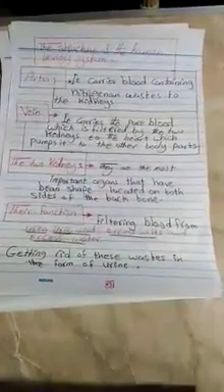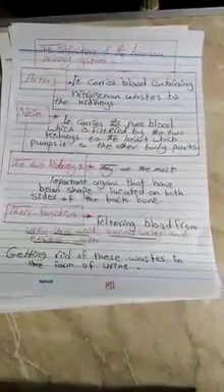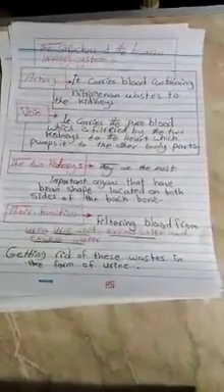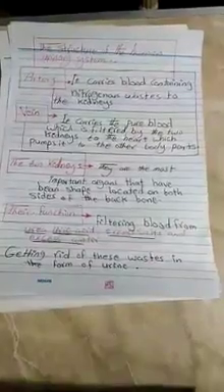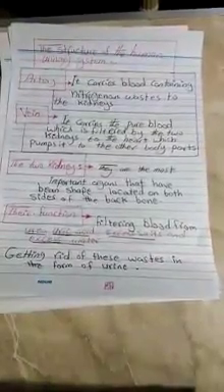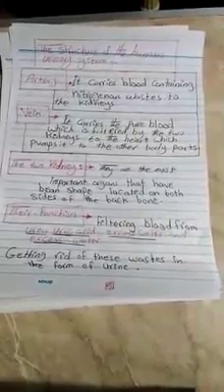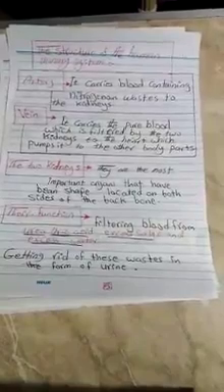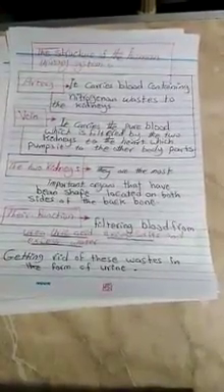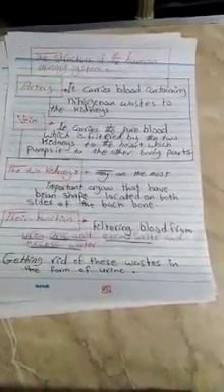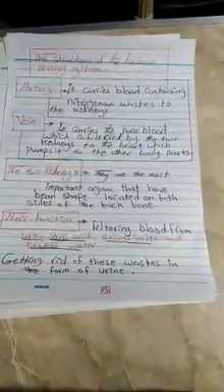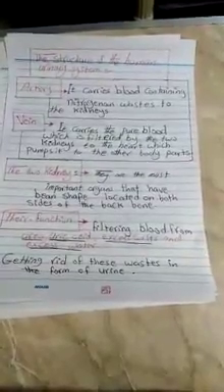A vein carries the pure blood, which is filtered by the two kidneys, to the heart, which pumps it to the other body parts.